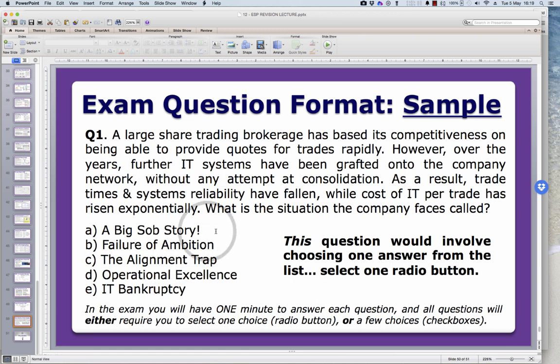Against these options there would be radio buttons. If you see checkboxes, then you know you're going to be asked to make a number of selections. So it could be that the right answer was a big sob story, the alignment trap, and IT bankruptcy, in which case you'll have checkboxes, and you pick 3. It's down to you to analyse what the question means in the exam.